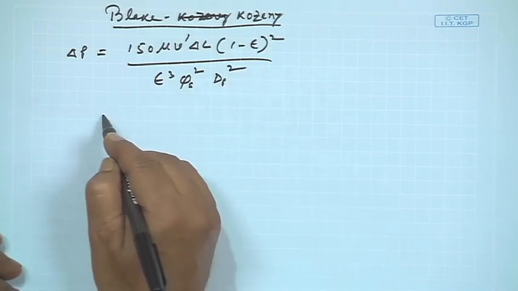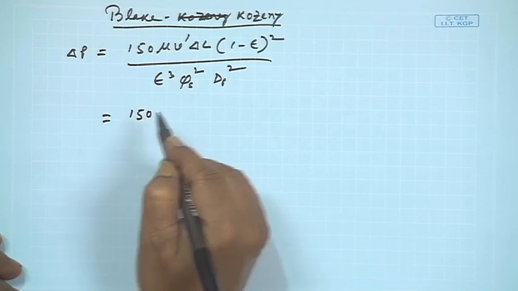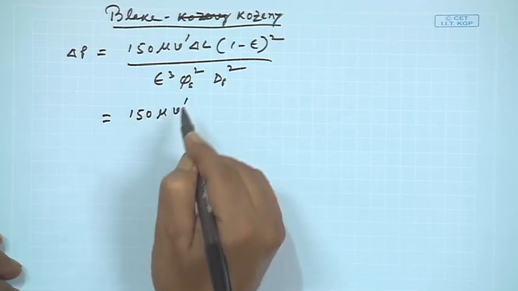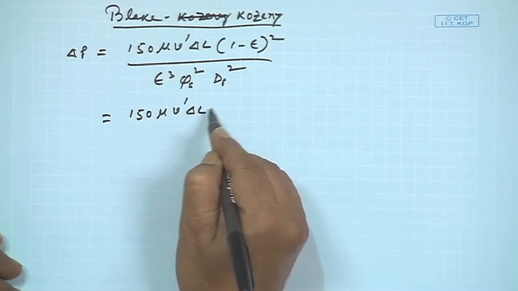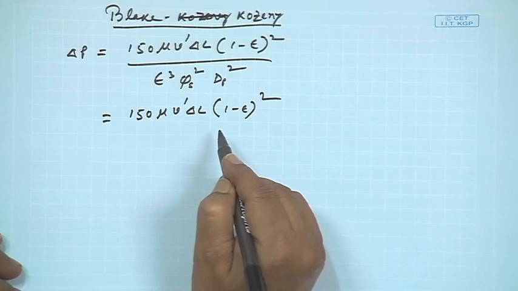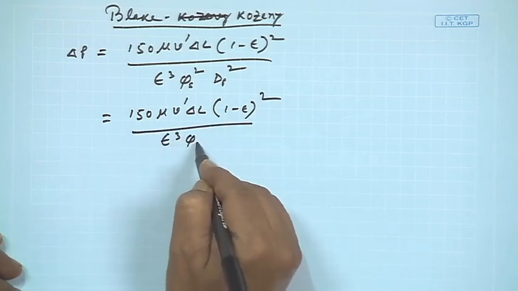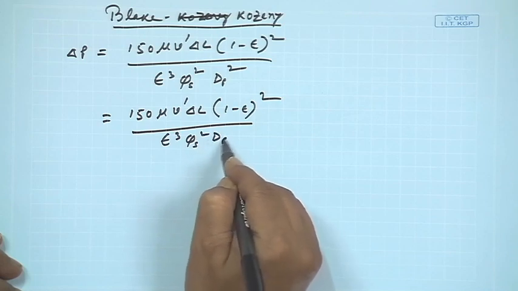So, this can be rearranged as 150 mu V prime delta L 1 minus epsilon whole square by epsilon cube phi s square dp square.